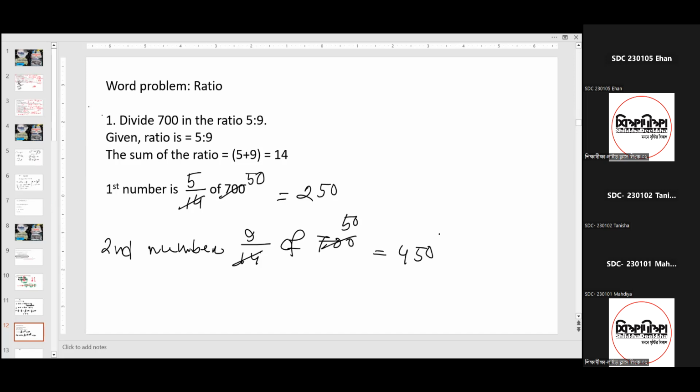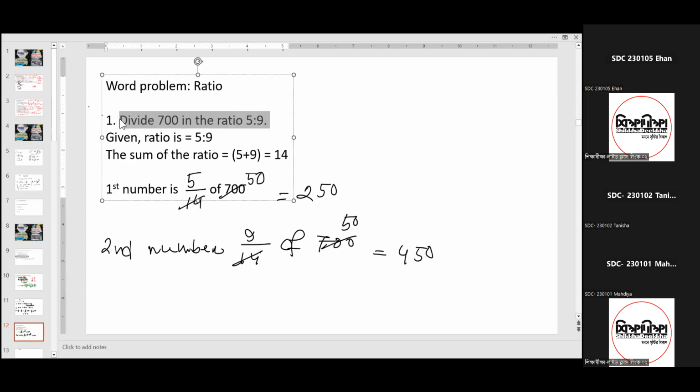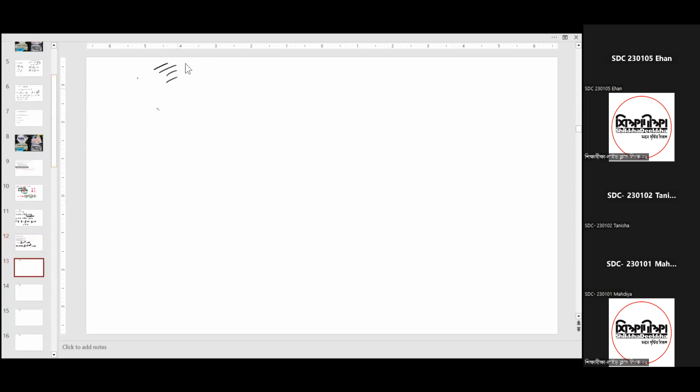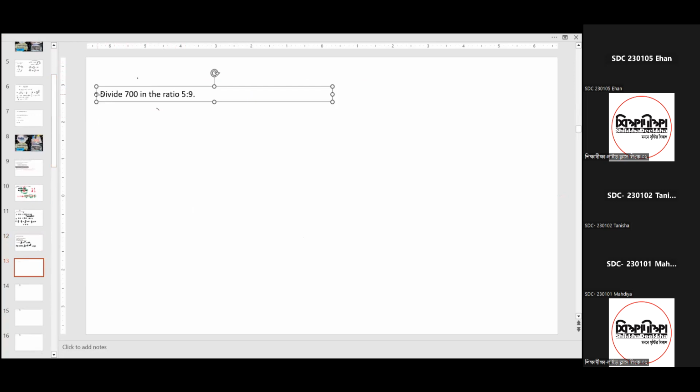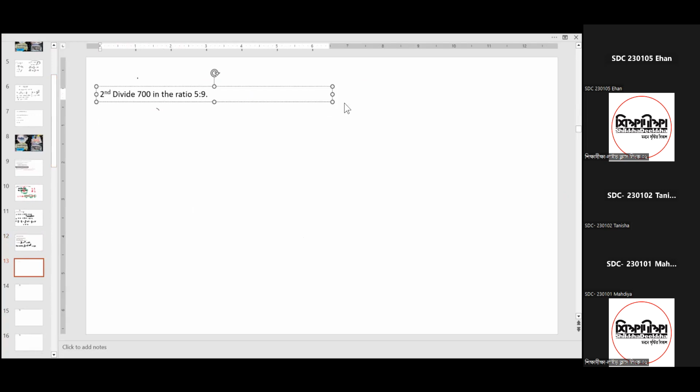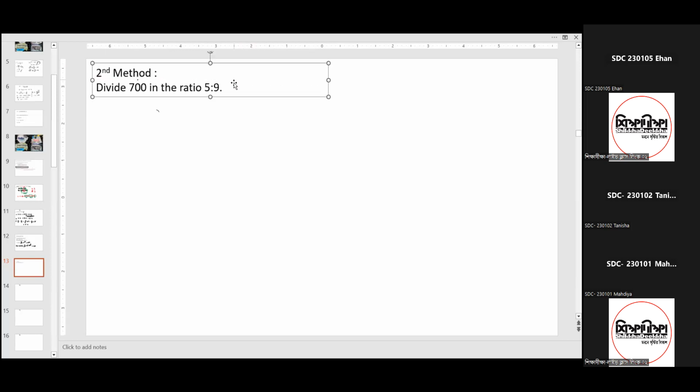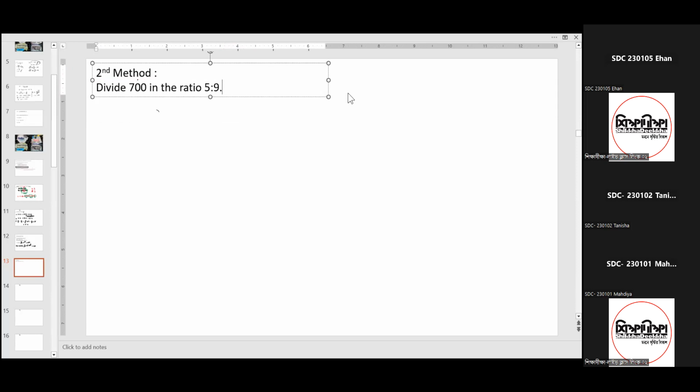But do you have any more other process to solve it? We have, because as we have the ratio, we can actually find them. Like I will do this math again, in another method. So what will happen? We let the numbers be 5x and 9x. Here x is the HCF.